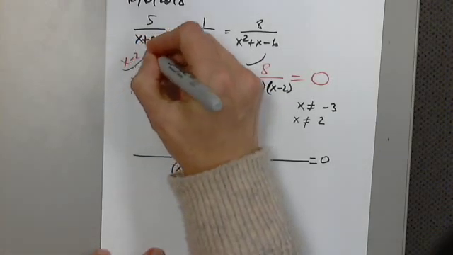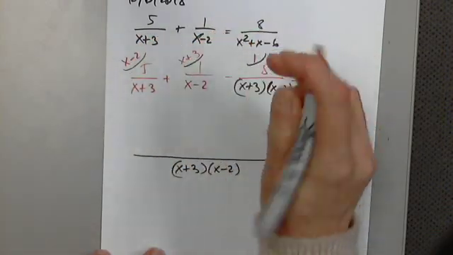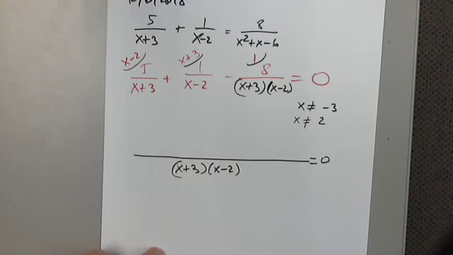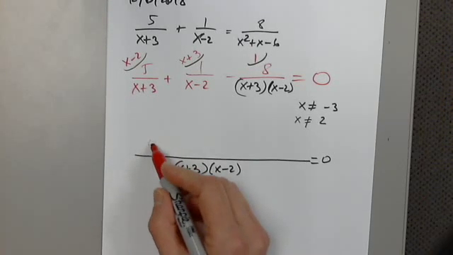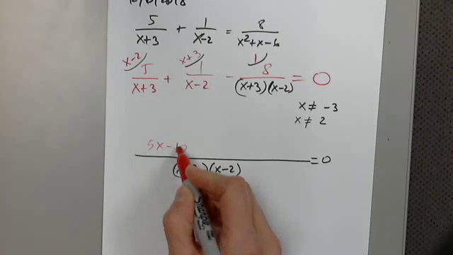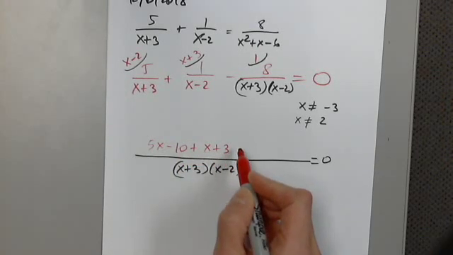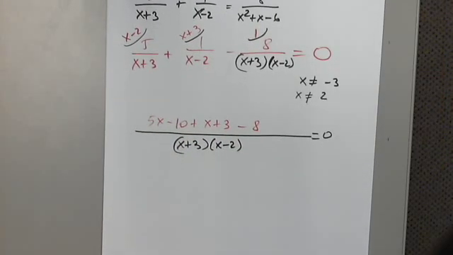So this is x minus 2, and this is x plus 3, and here you don't have to write anything, or you write 1. So now, what is the numerator then? 5x minus 10 plus x plus 3 and minus 8.